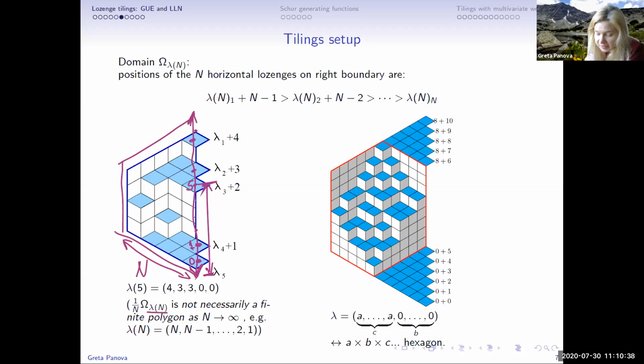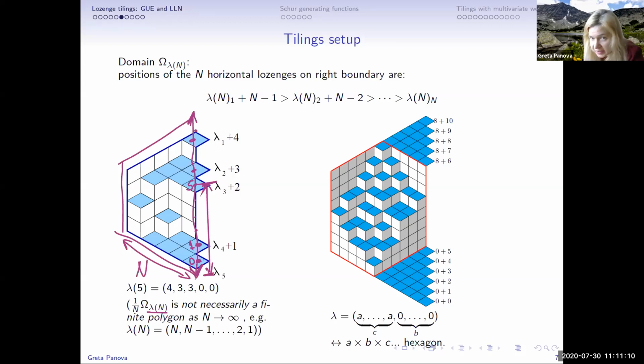So this is our lambda n, and it doesn't have to be that this lambda n, when rescaled, actually approaches some finite polygon. It can be anything. For example, it can be the staircase. It's not going to give us something like the hexagon as we may be used to.